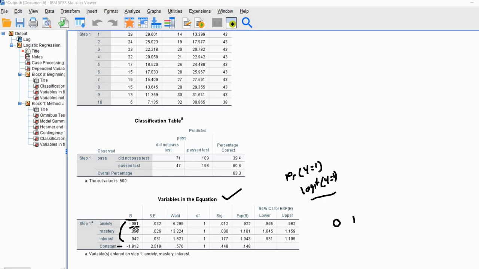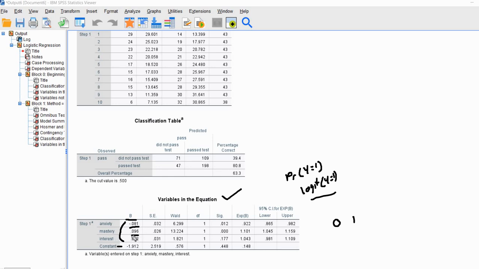And more formally speaking, the coefficient of negative 0.081 would mean that as we exhibit a 1 unit increase on anxiety, the predicted change in logits is minus 0.081, meaning that we have a decrease in the predicted logit of 0.081.